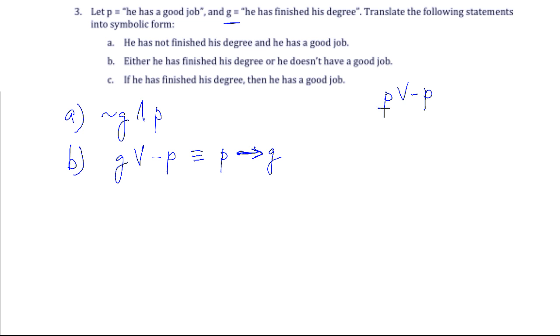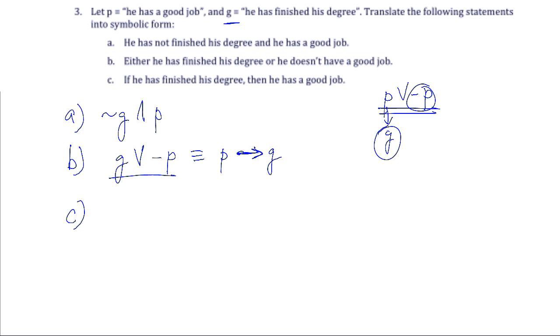One of those is true, and if P is true, then that implies G is true, and so we have either not P or G being true. Okay, and that's what we have over here. So that's P implies G.